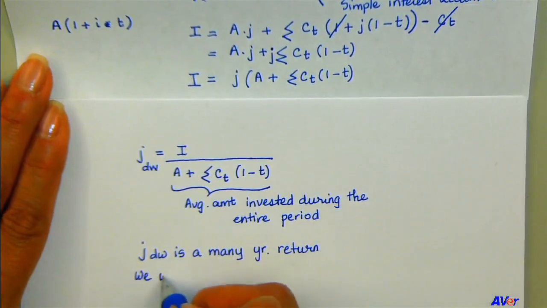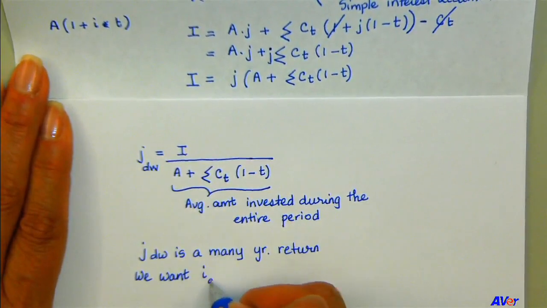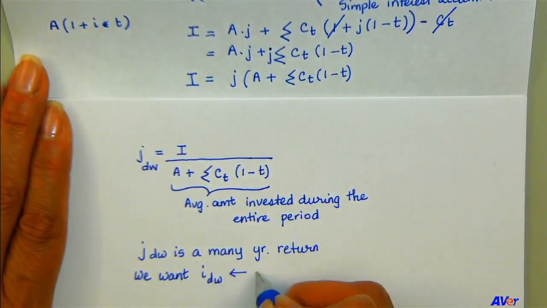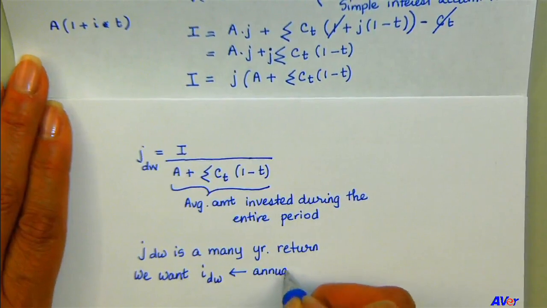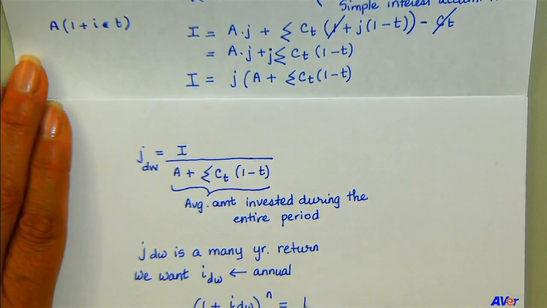We want the I dollar weighted, which is the annual rate. So I'm going to say 1 plus I dollar weighted to the N equals 1 plus J dollar weighted.